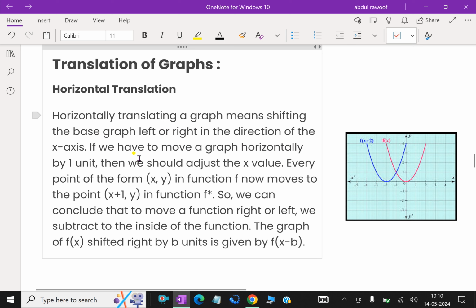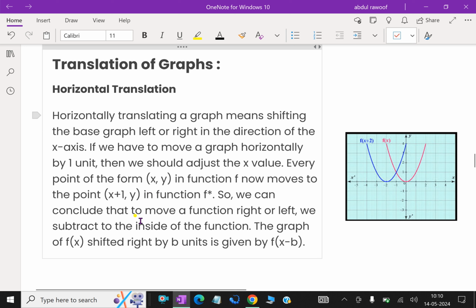If we have to move a graph horizontally by 1 unit, then we should adjust the x values in the positive direction. Every point (x, y) of the function f now moves to (x plus 1, y). Here x plus 1 means 1 unit in the positive direction of x horizontally.